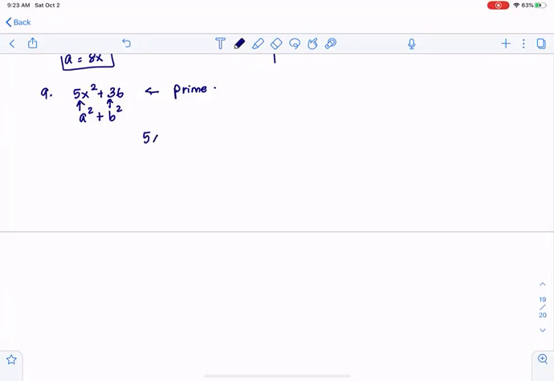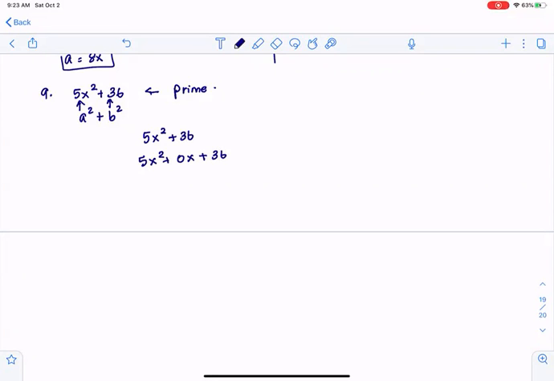So if 5x squared plus 36 is what we have, there is no way for me to split and write it in terms of factors.